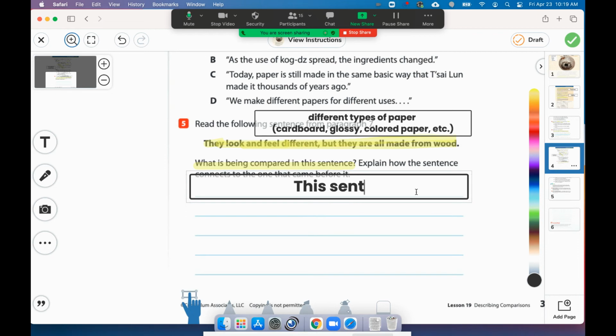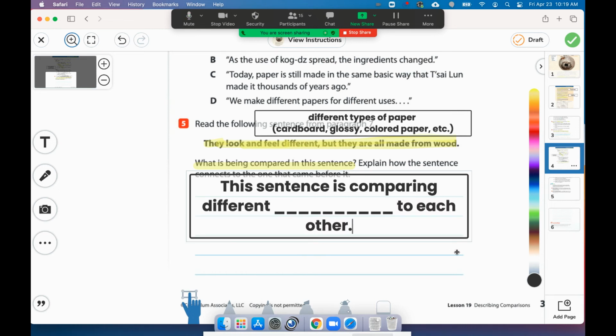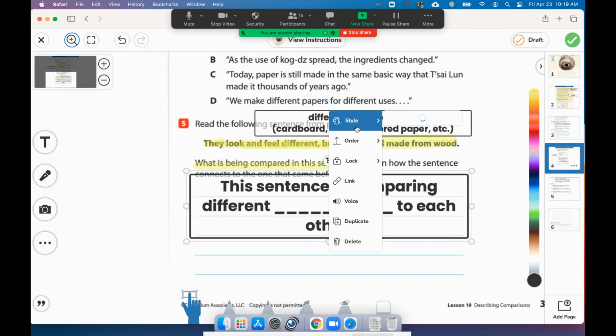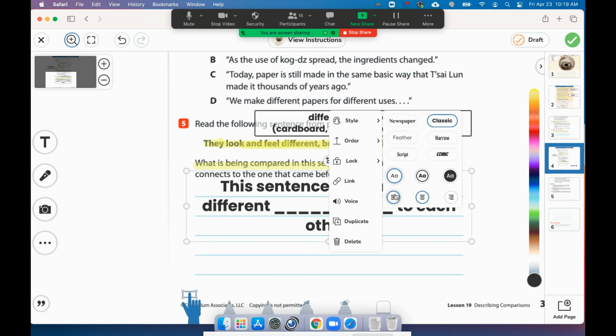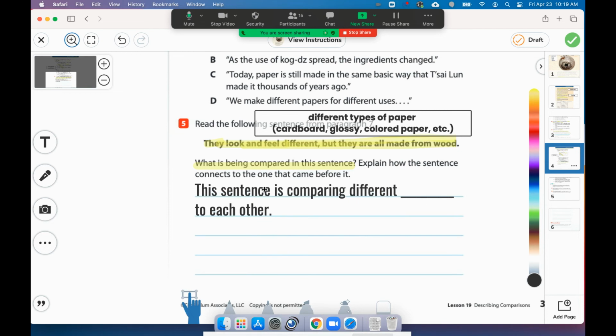This sentence is comparing different what to each other. What is it comparing?